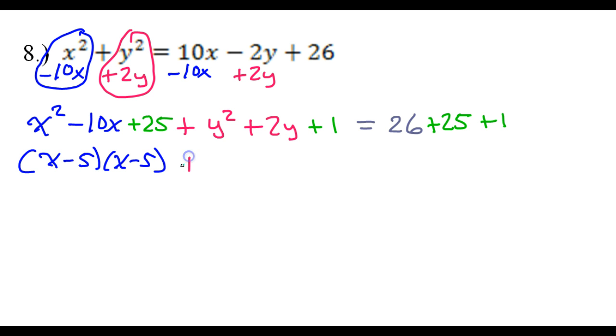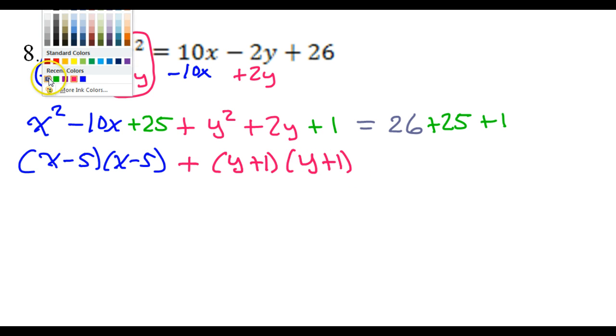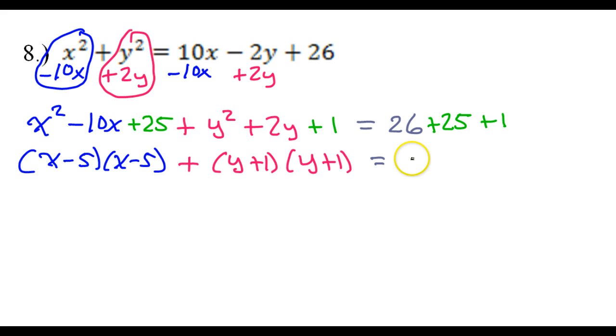And the y's are going to factor as y plus 1 times y plus 1. And that's going to equal 52, all right? 25 plus 26 is 51, so 52.